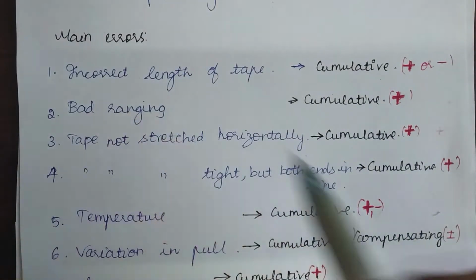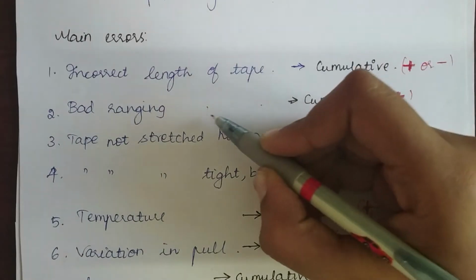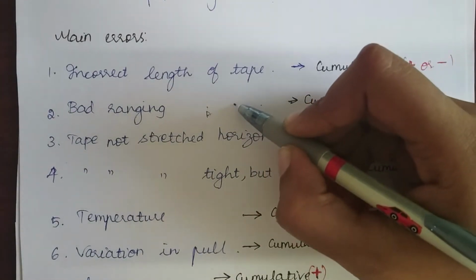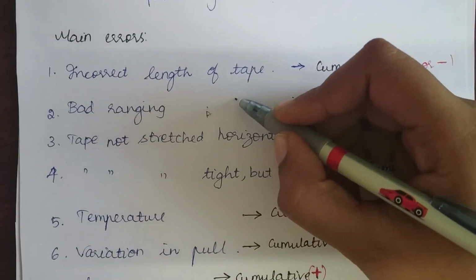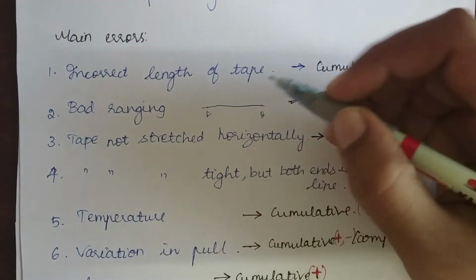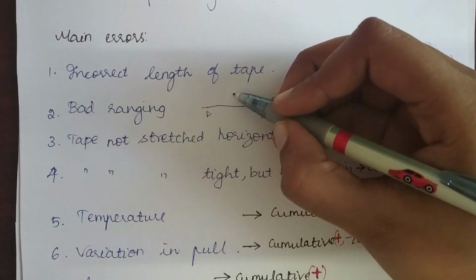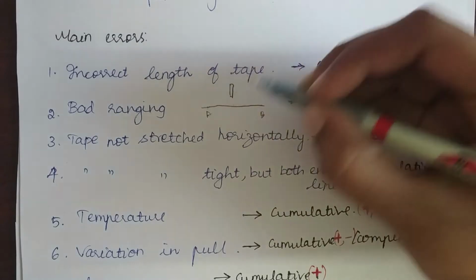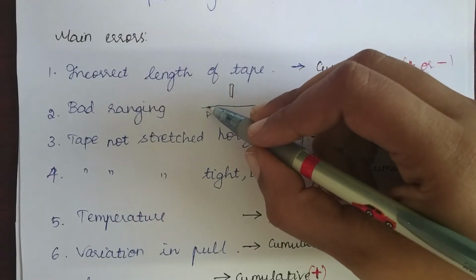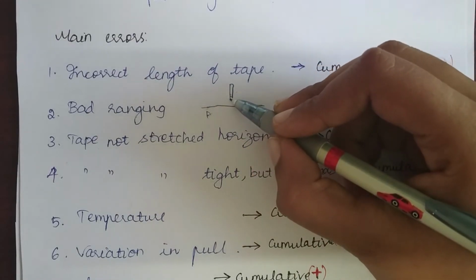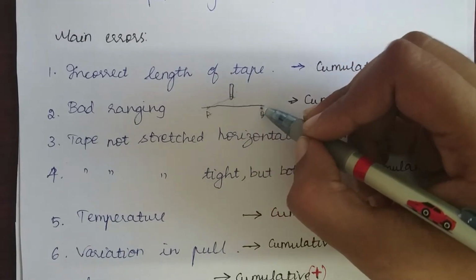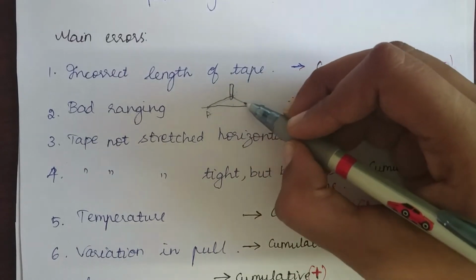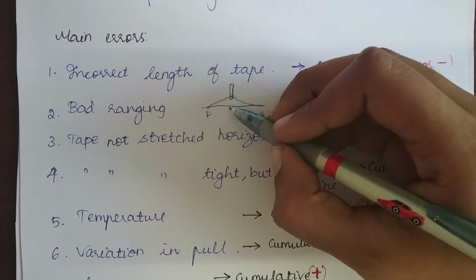Next is bad ranging. Say there are 2 points. I need to find the distance between A and B, and I am setting an intermediate station here. Whereas this is my true line, I am setting an intermediate station here away from the true line. So when I am measuring the distance between A and B, I will have to pass through this terminal point and then reach B. So when I have not ranged properly, the distance covered by my tape is going to be greater than the actual distance.